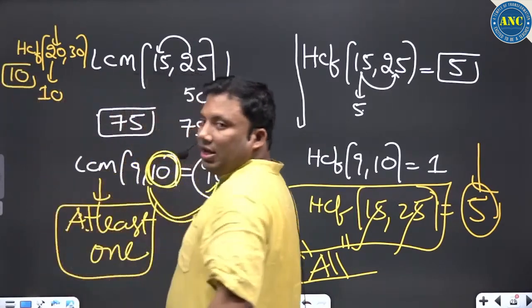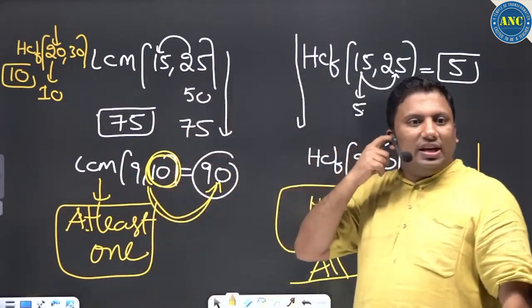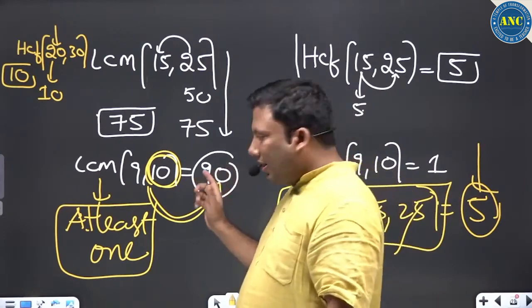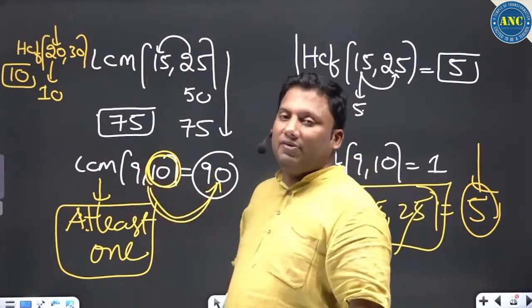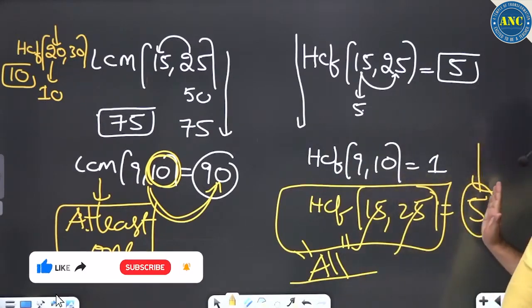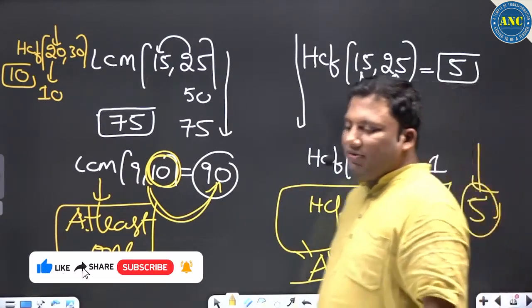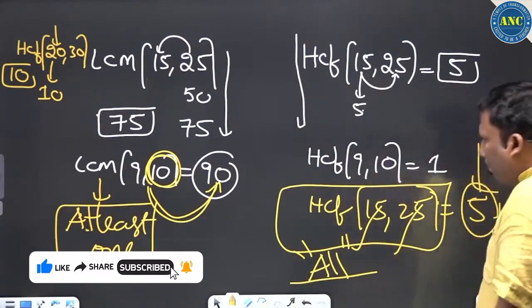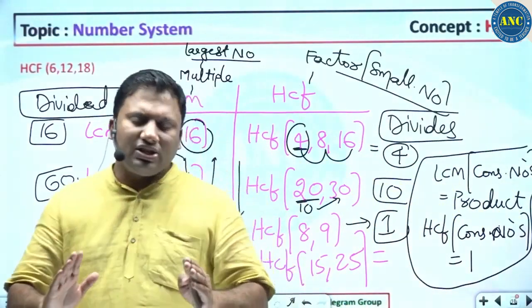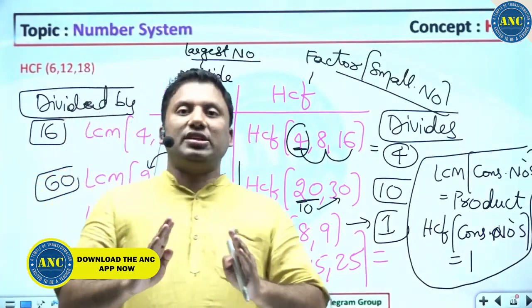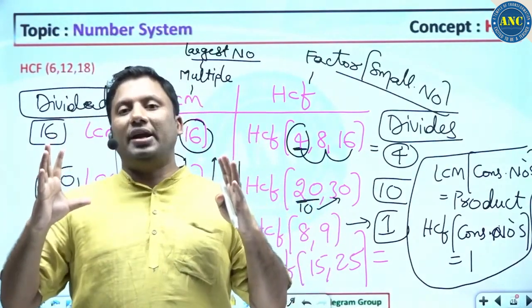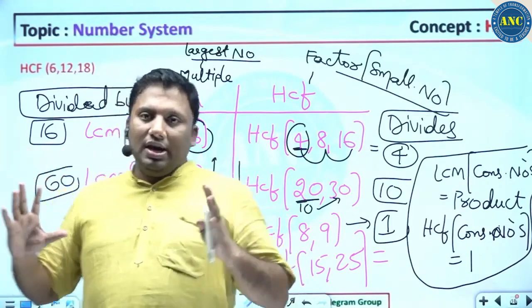In LCM, if the answer is divisible by 5 or K, at least one number should be divisible by K. But in HCF, if the answer is divisible by K, all of them are divisible by K. This is a very simple way to understand the difference between LCM and HCF. If you do not understand the fundamentals, solving 100 problems is of no use.